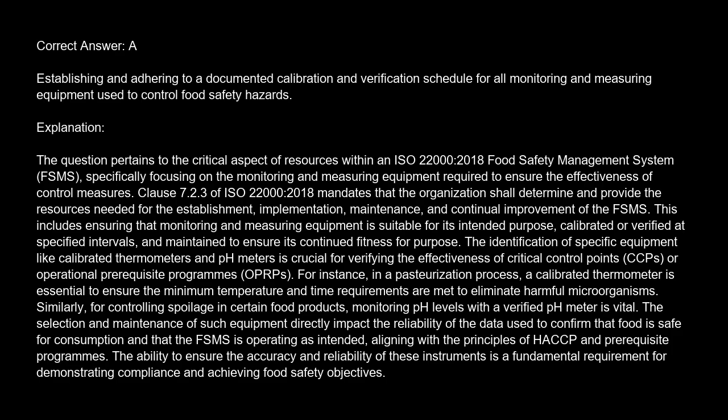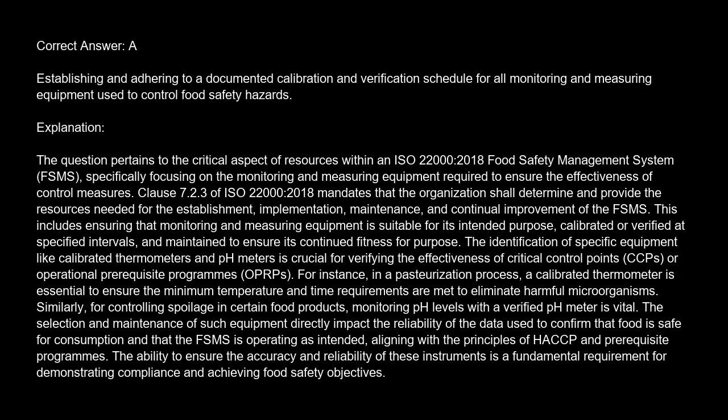For instance, in a pasteurization process, a calibrated thermometer is essential to ensure the minimum temperature and time requirements are met to eliminate harmful microorganisms. Similarly, for controlling spoilage in certain food products, monitoring pH levels with a verified pH meter is vital. The selection and maintenance of such equipment directly impact the reliability of the data used to confirm that food is safe for consumption and that the FSMS is operating as intended, aligning with the principles of HACCP and prerequisite programs.